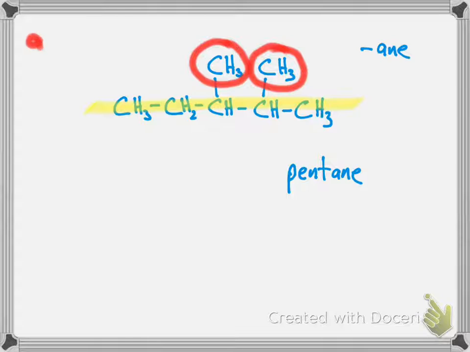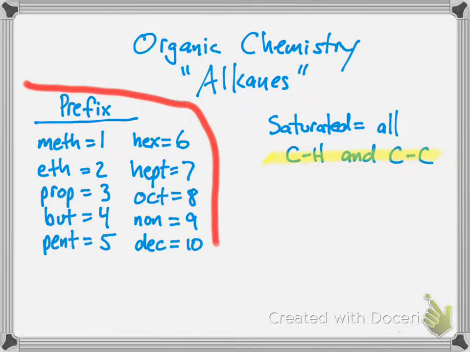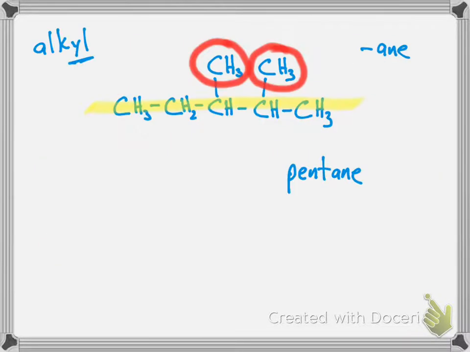They are called alkyl groups, and alkyl groups end in yl. If we look back at our prefixes, meth means 1 carbon. Each of these has 1, so each would be a methyl group.